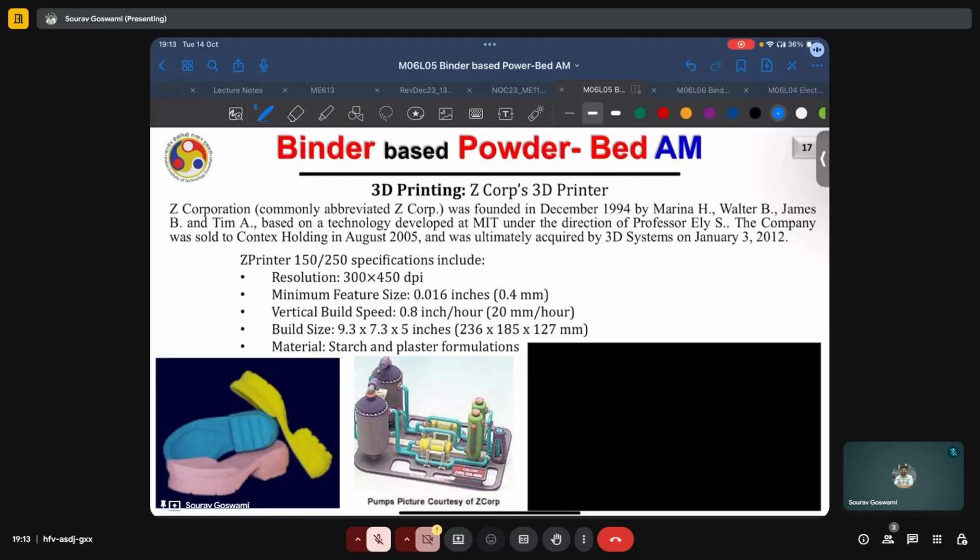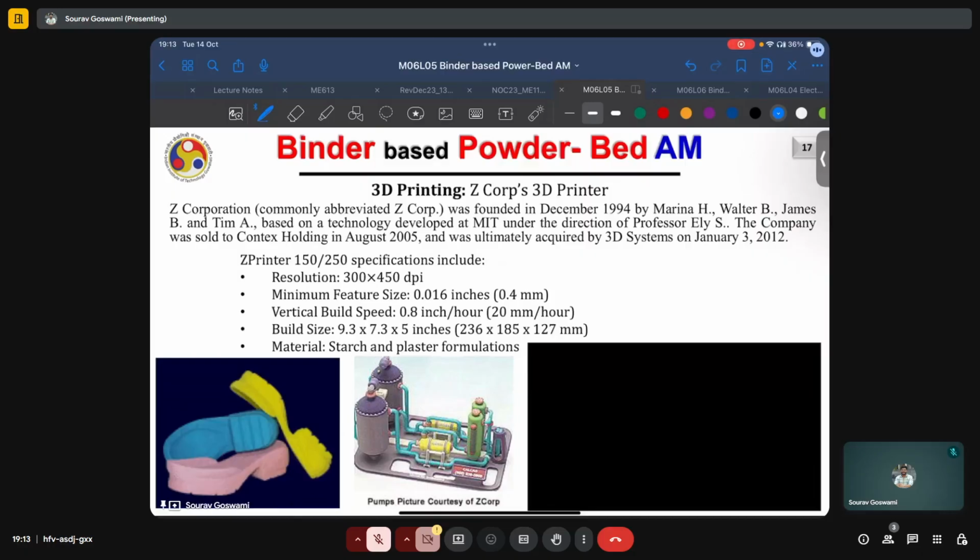And here we have a few specifications of the Z Printer 150-250 set of machines. The resolution was 300 by 450 dpi, and this dpi is just dots per inch. And so it's very interesting and curious that the resolution here is expressed for a 3D printer in a manner similar to a 2D printer. The minimum feature size which could be printed was 0.4 mm.